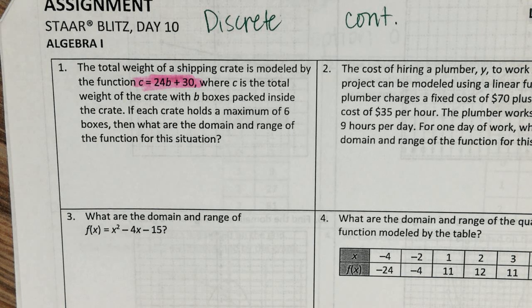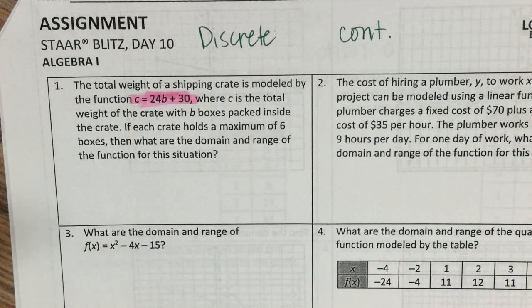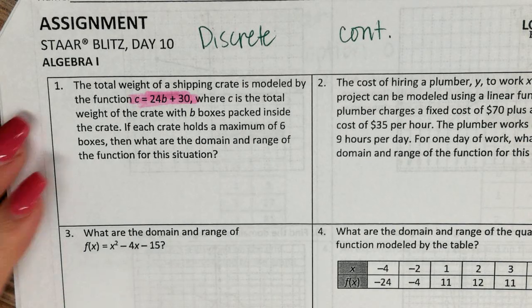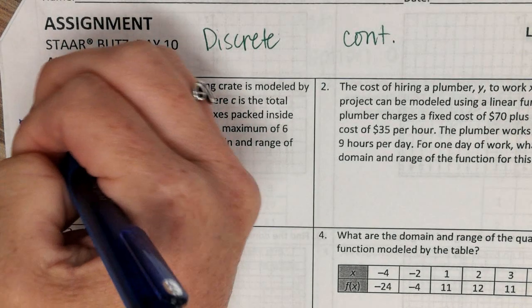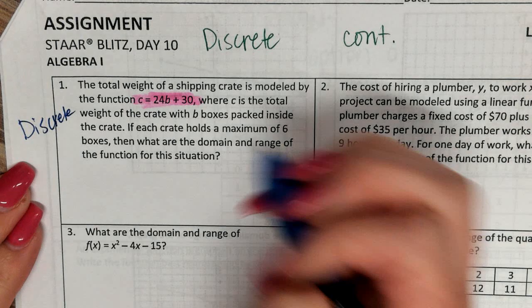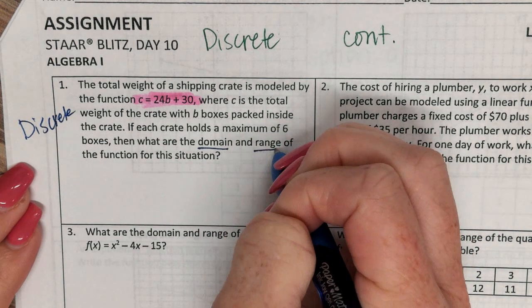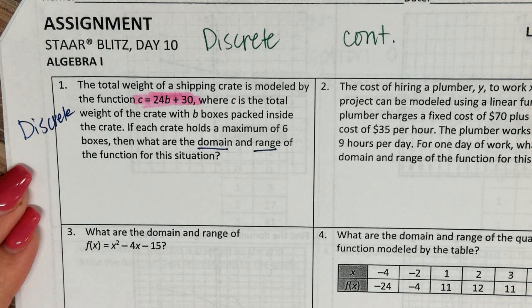Can you have half of a box? No. I have a box, and that's it. Okay? I'm not going to chop my box in half, just like I wouldn't chop a person in half. So is this continuous or discrete? So this one's going to be discrete. It asks for the domain and range, and it gives you a specific.